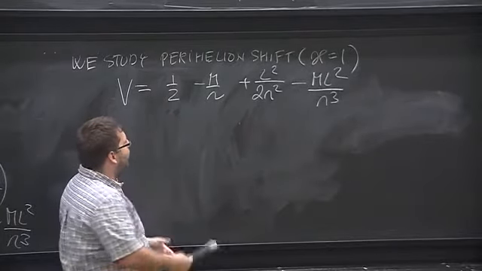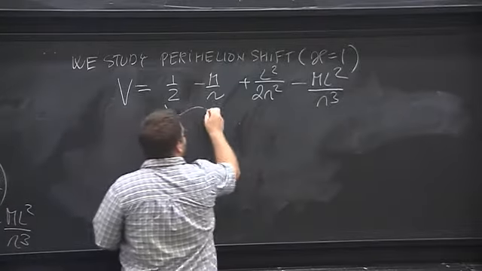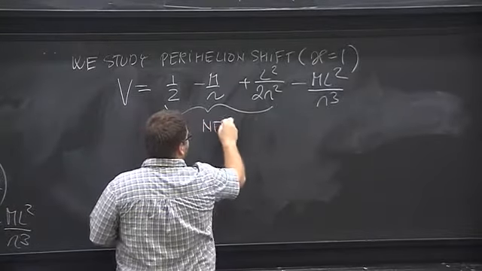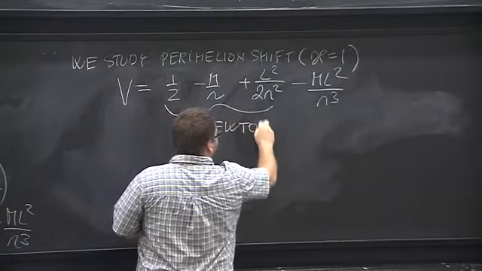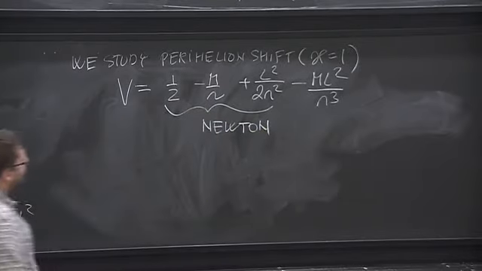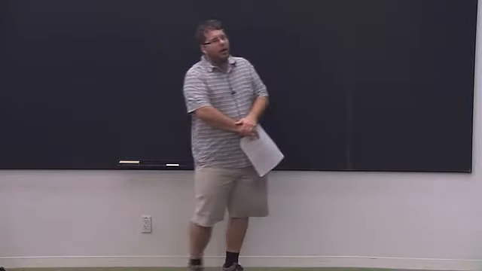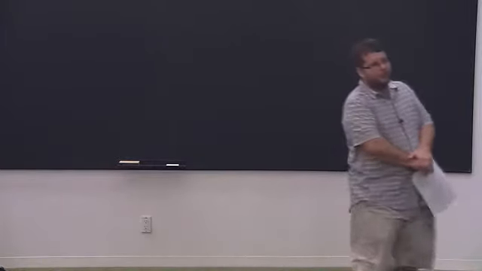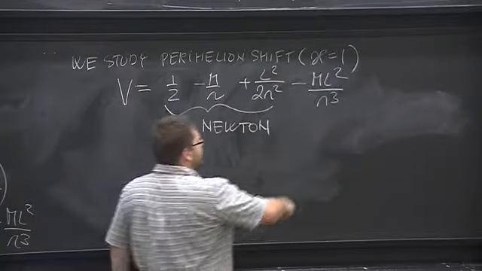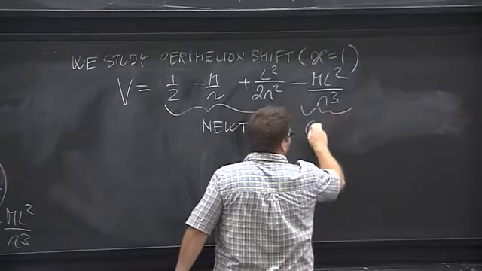So I'll put this 1/2, and then you would find that these three terms are actually Newton. If you did study the same problem using Newtonian mechanics, you would find the first three terms, but this is the GR correction.